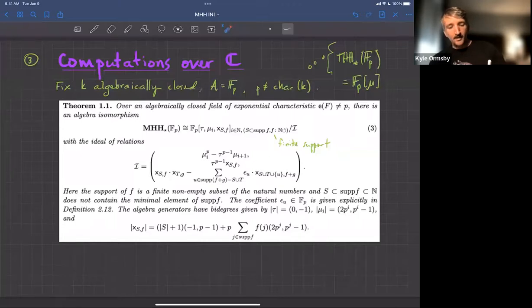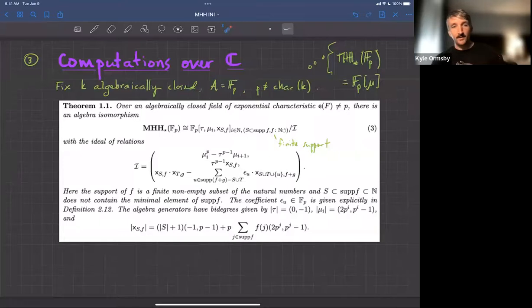And then finally, there are some relations amongst the X classes. And this is a gnarly formula. It says that when we multiply two of them, it's equal to some sum of some coefficients times some other X classes. It'll turn out that most of these coefficients are 0.